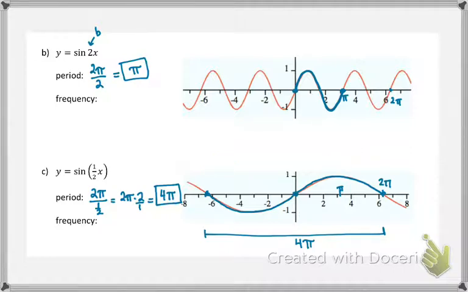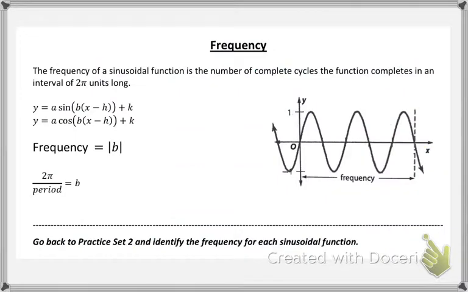All right, now let's take a look at frequency. The frequency of a sinusoidal function is the number of complete cycles that the function completes in an interval of 2 pi units long. So basically, how frequently can I draw one full cycle of my sine wave in a 2 pi unit long interval, right?